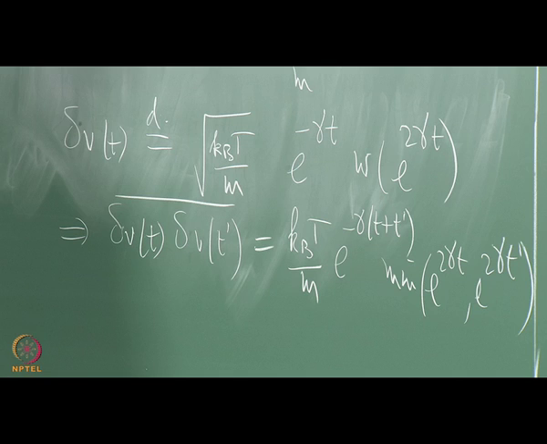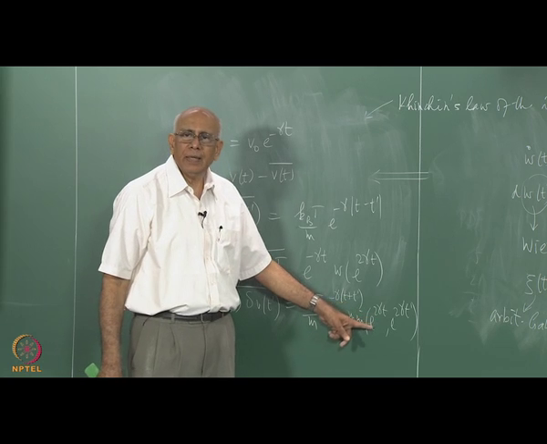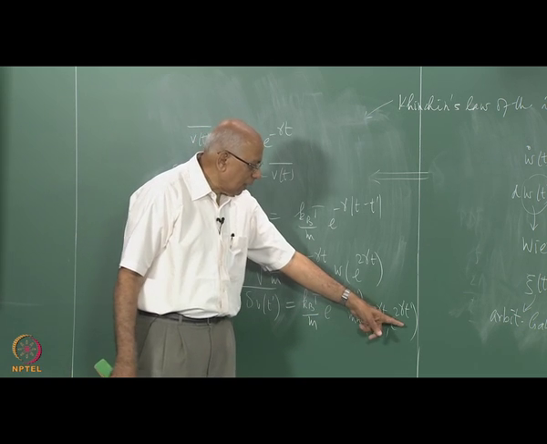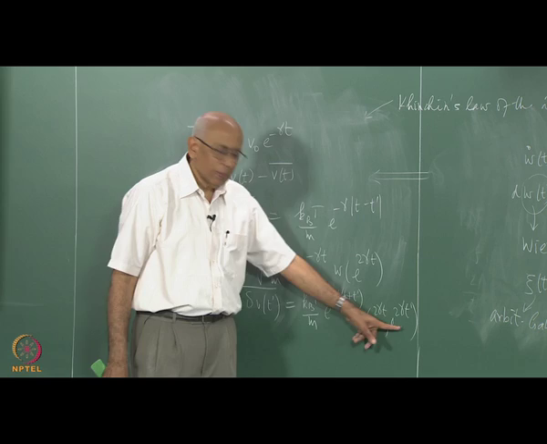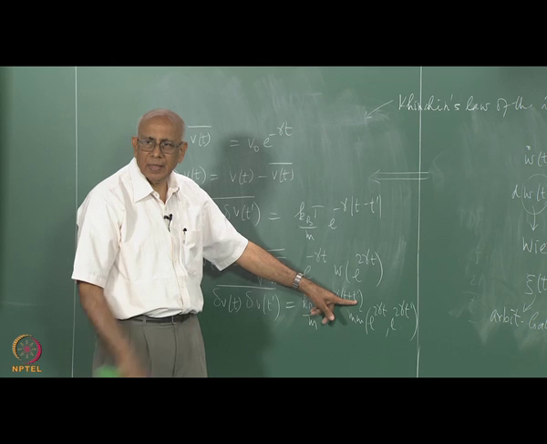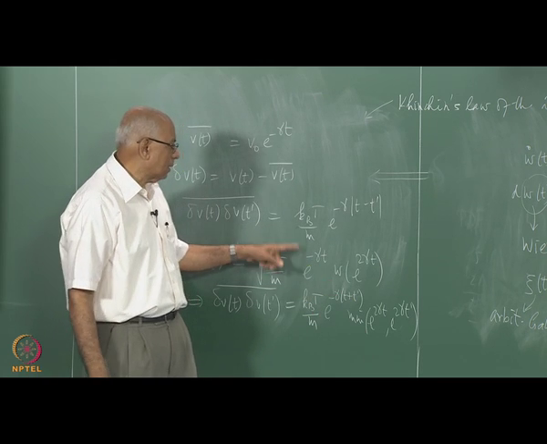Okay. Of course, this is a monotonically increasing function of t. So if t is bigger than t prime, it is this guy, and that immediately kills this factor and makes it a plus sign. So you end up with this result here.